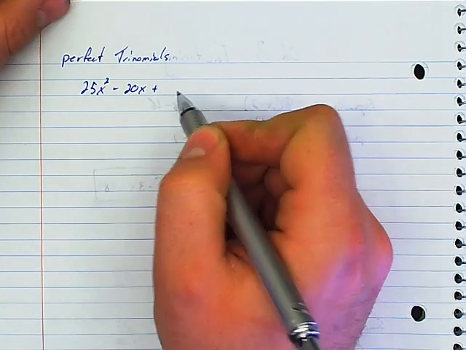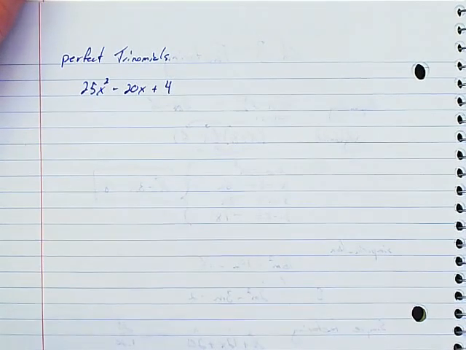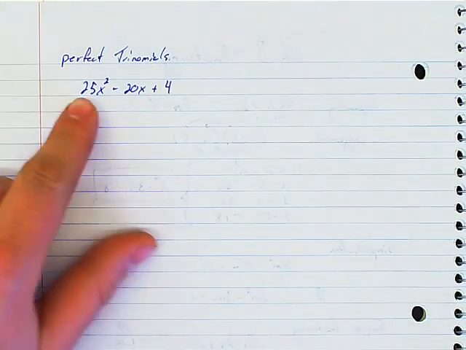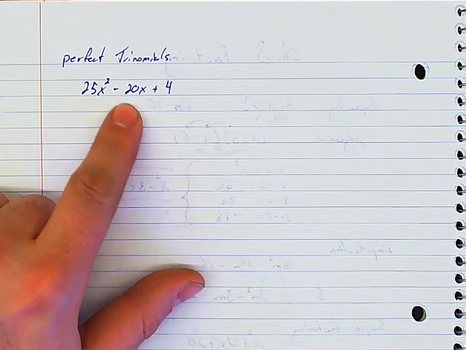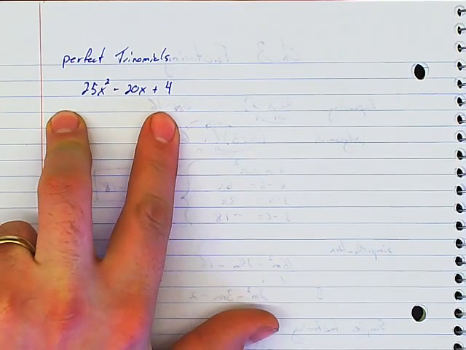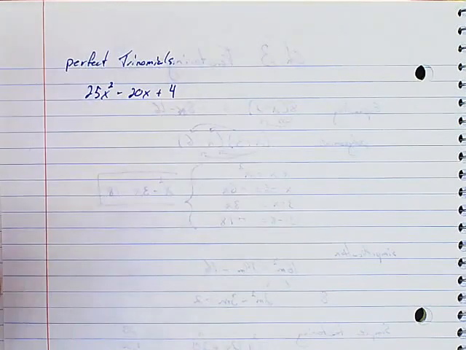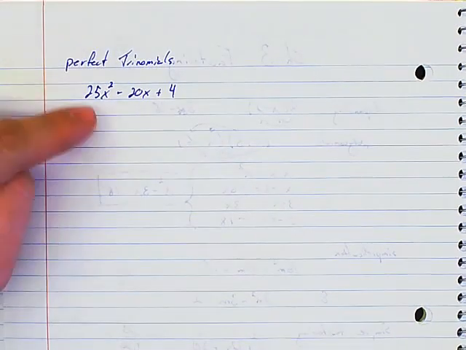So if I gave you guys 25x squared minus 20x plus, we'll say 4. 25x squared minus 20x plus 4.